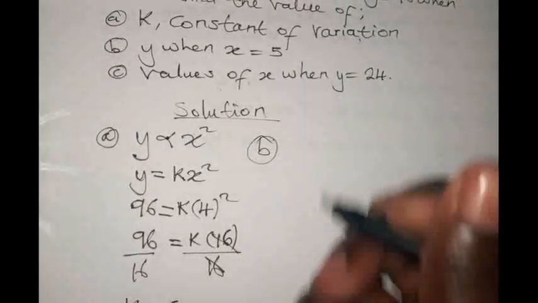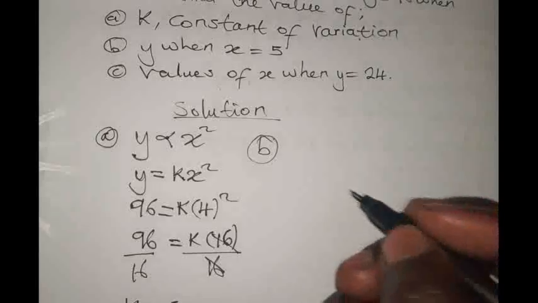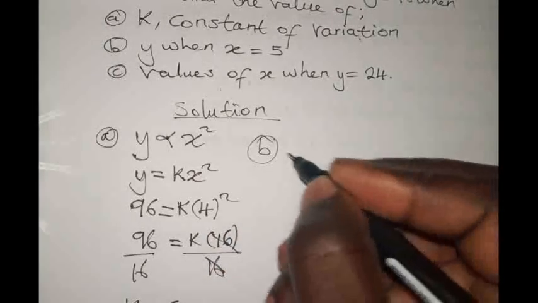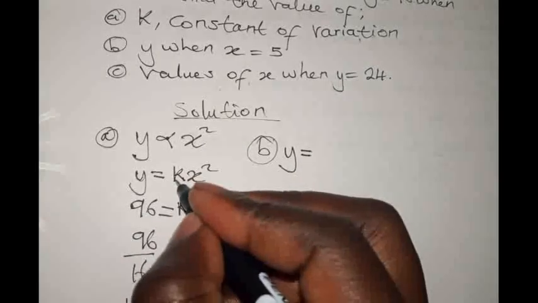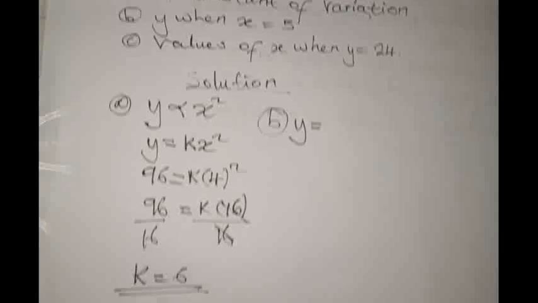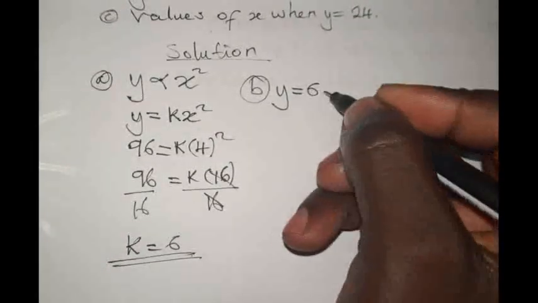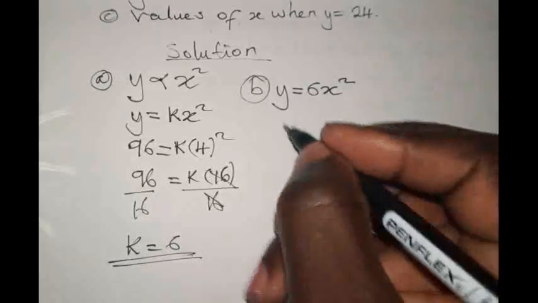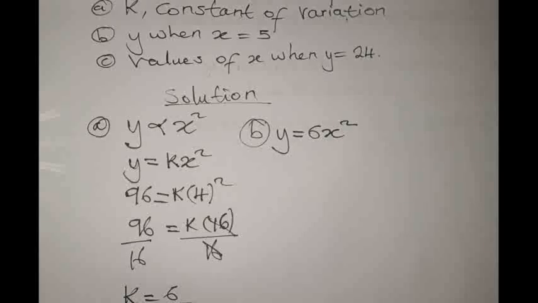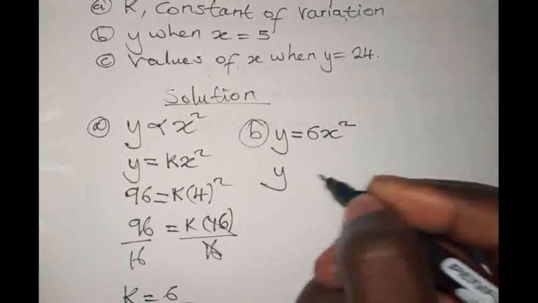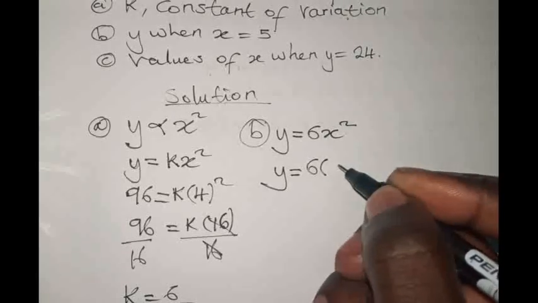B, they are saying find the value of y when x is 5. So let's rewrite our equation. Our equation is saying y is equal to, where there was k, we replace with what we found, which was 6. So y is equal to 6x squared. Then they're saying find the value of y when x is 5. So y is equal to 6, where there is x we put 5.